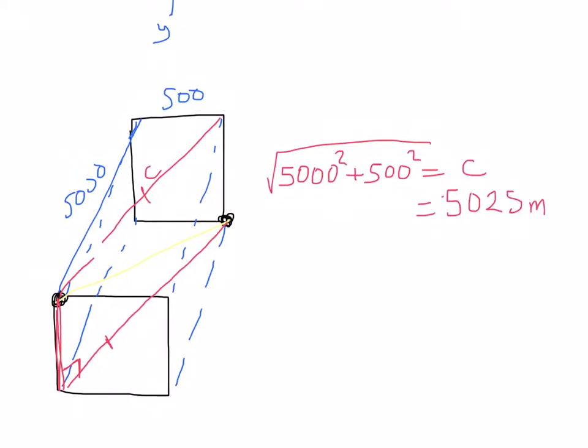So now that we've got this is 5,025 meters, it's the same as this, and we've got this height difference, that is 100. So this yellow line that I have going from the origin to the point, that's the hypotenuse, because the right triangle's here. So doing the math, I got 5,025 squared plus 100 squared.